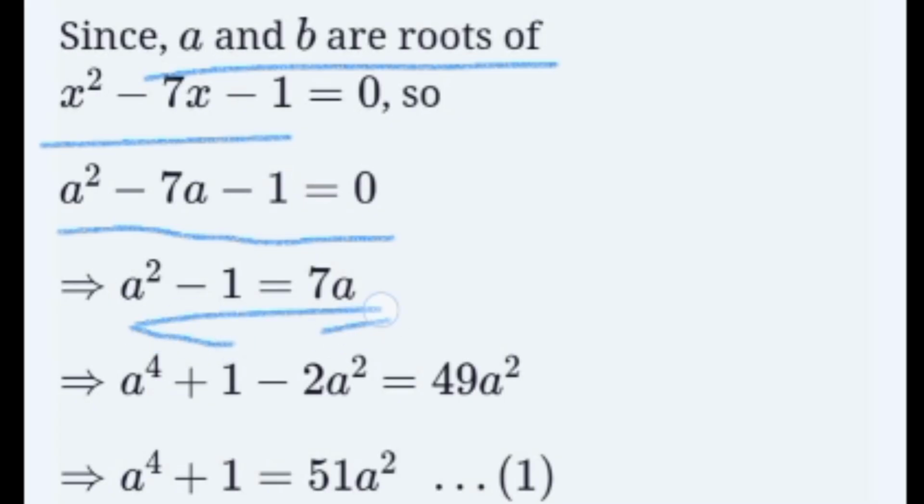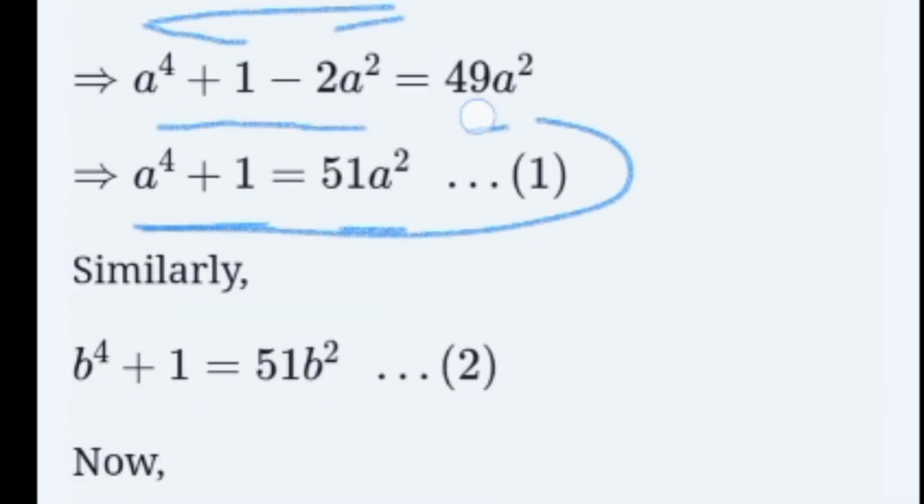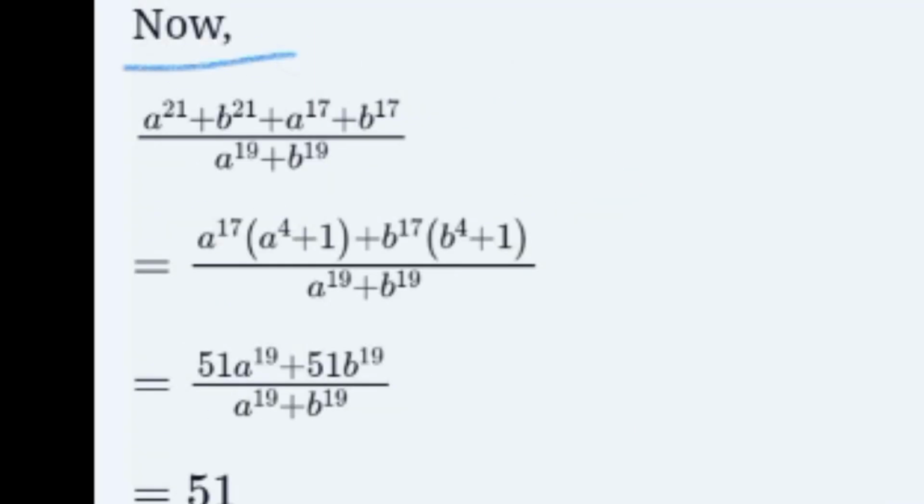Squaring on both sides, a power 4 plus 1 minus 2a square is equal to 49a square, so a power 4 plus 1 is equal to 51a square. Since b is also a root, b power 4 plus 1 is equal to 51b square.